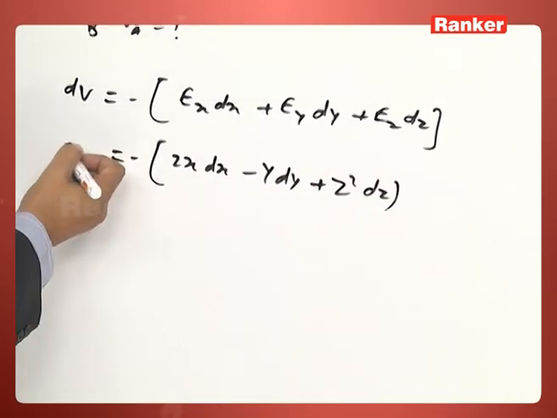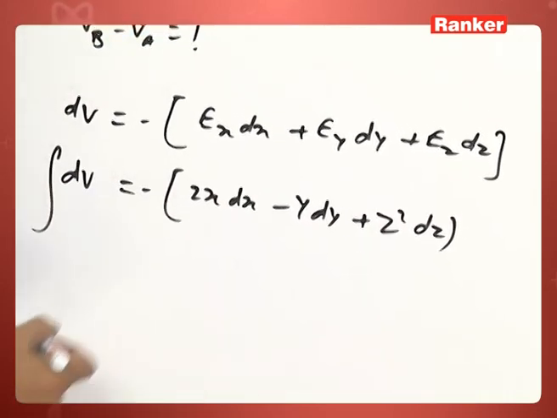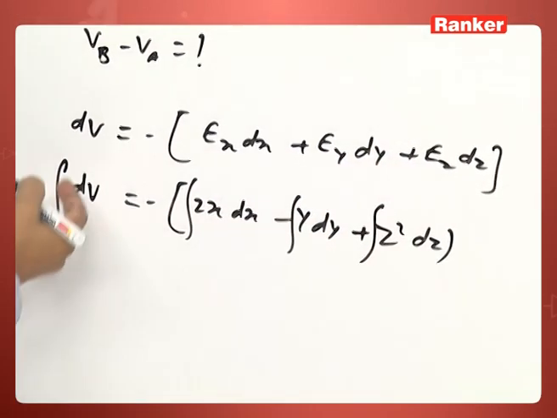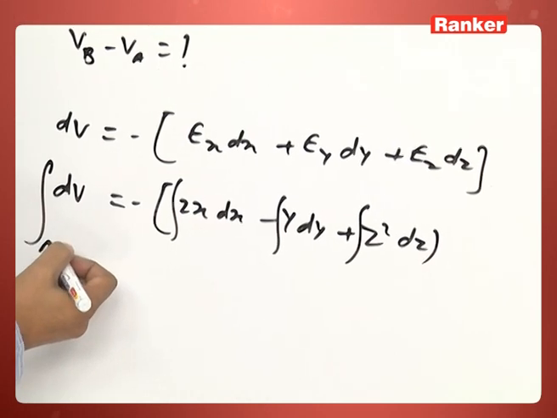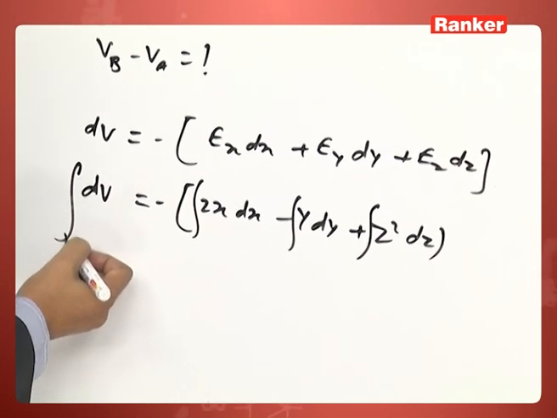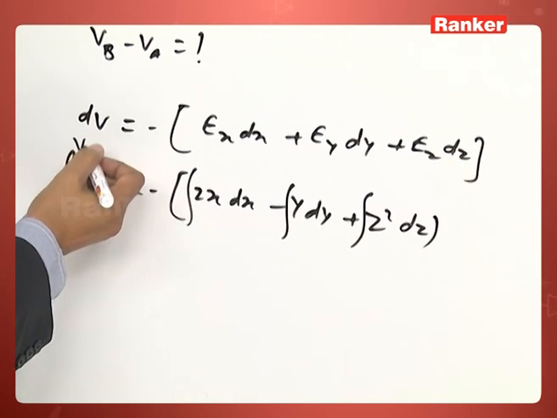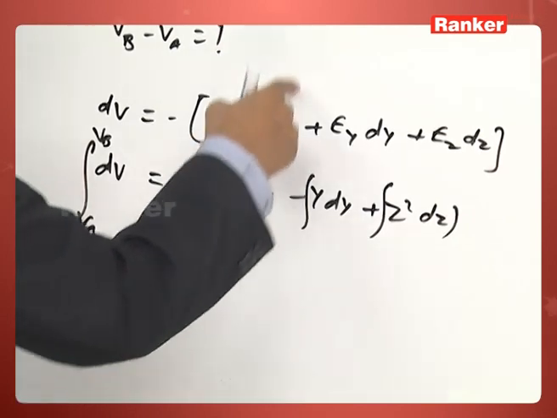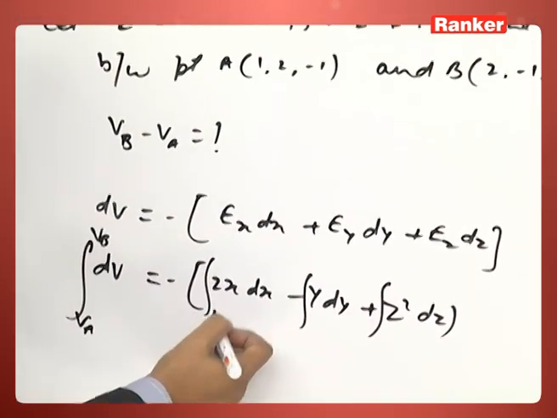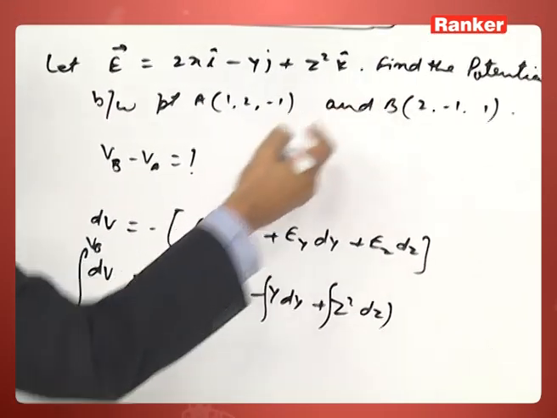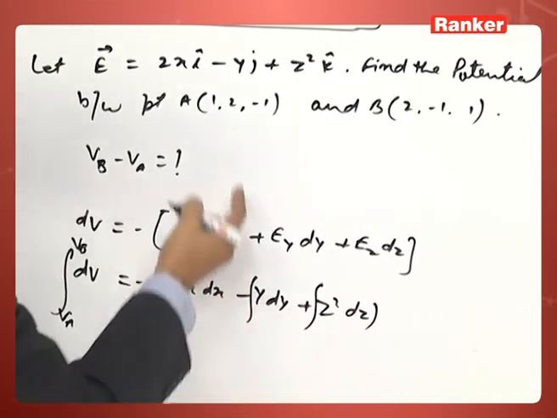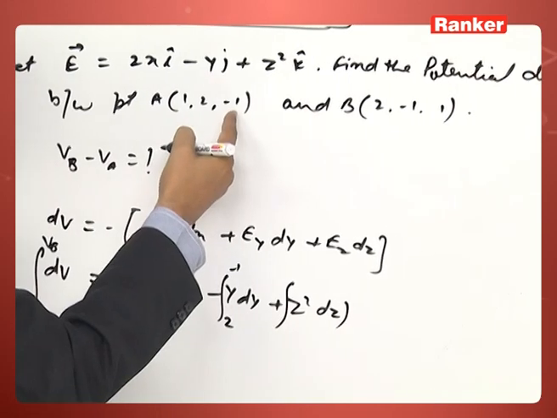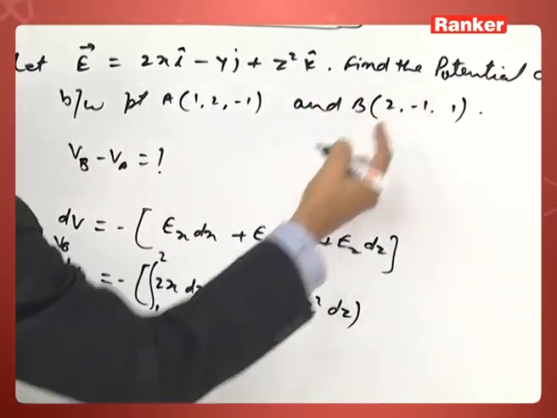Then simplify, integrate each individually. So if this is your point A, VA, and this is your point B, VB. A position vector here 1 and B position vector here 2. So x goes from 1 to 2, y goes from 2 to minus 1, z goes from minus 1 to plus 1.